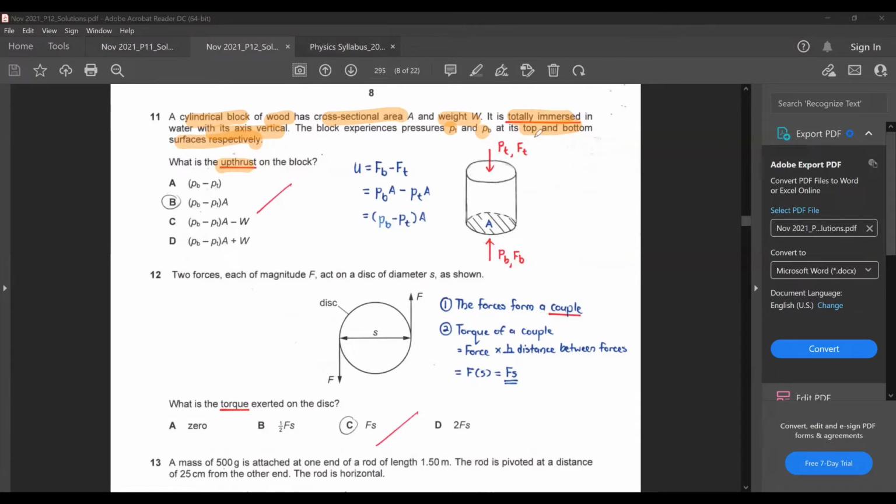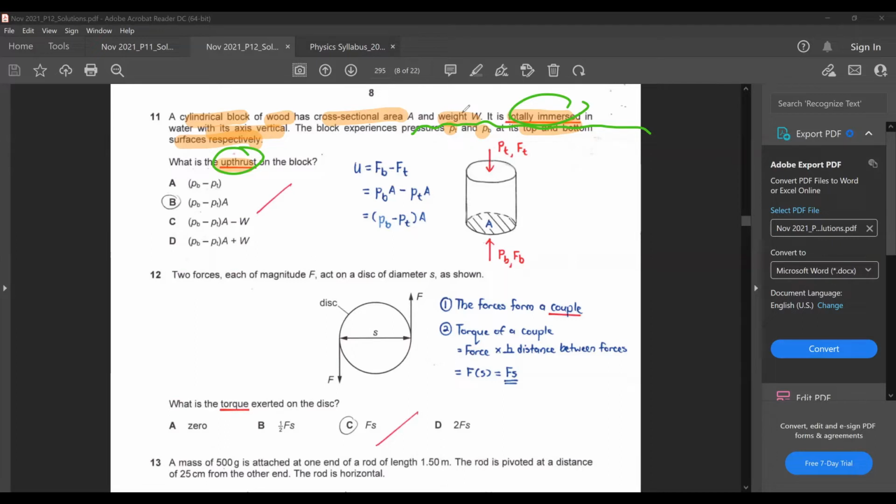Okay, so you imagine that your entire cylindrical block of wood has been totally submerged. When they say totally immersed, it really means totally submerged. It's totally submerged in some water. So they're asking you to state what is the upthrust on the block.